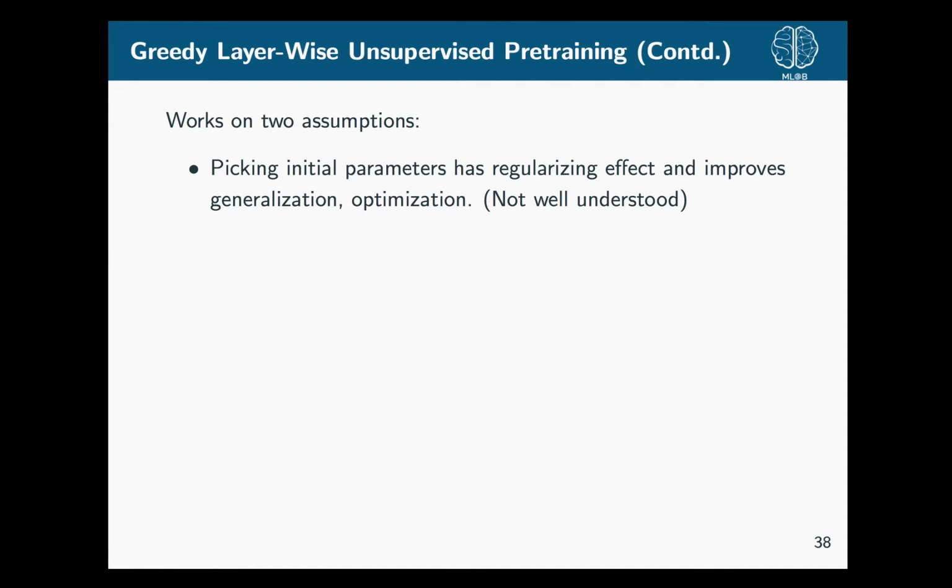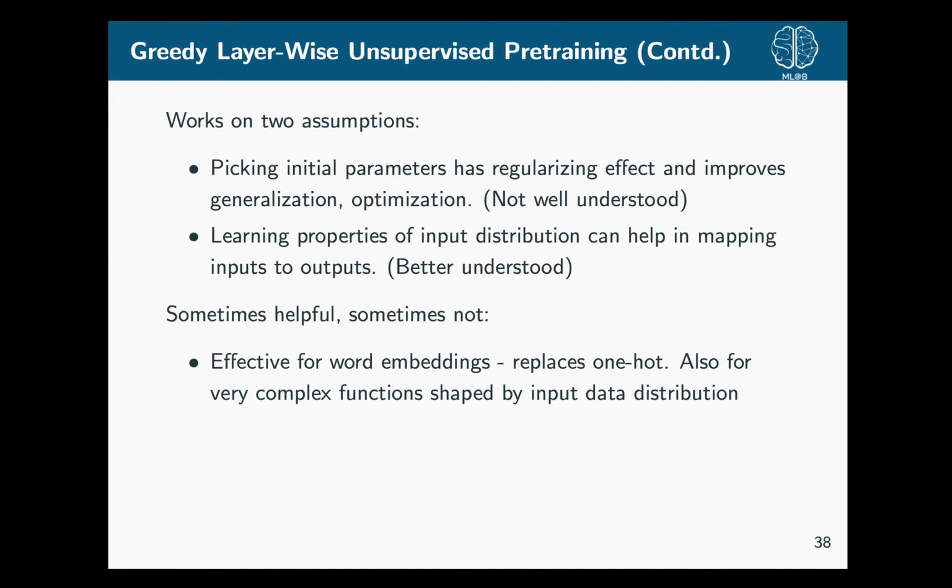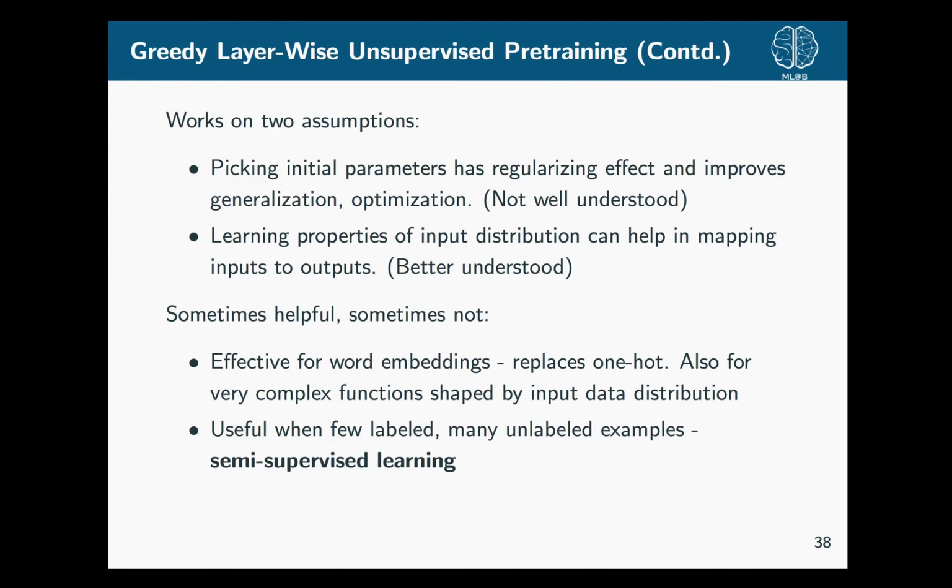So you're working on the assumption that if you pick good initial parameters, it'll have a regularizing effect, that it'll work for any sort of inputs. This isn't super well understood, but at the same time, what you're also doing is learning the input distribution, and that'll help in mapping your inputs to your outputs. By doing this, you can basically learn good word embeddings, and it may also be very useful when you're doing semi-supervised learning.